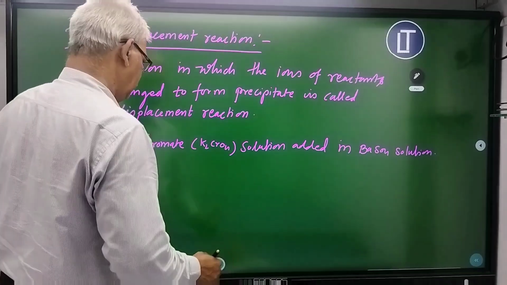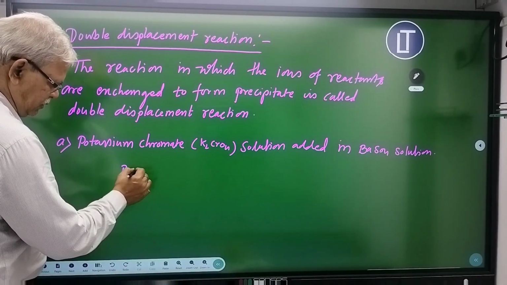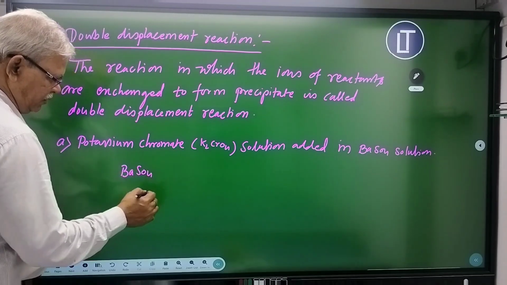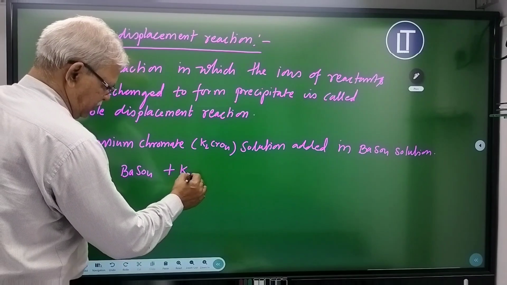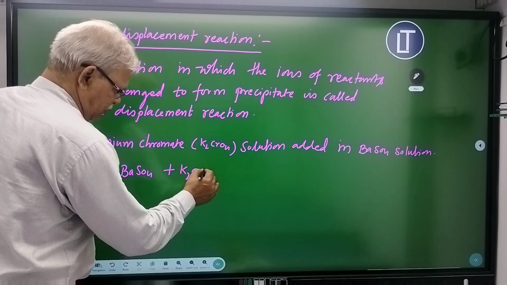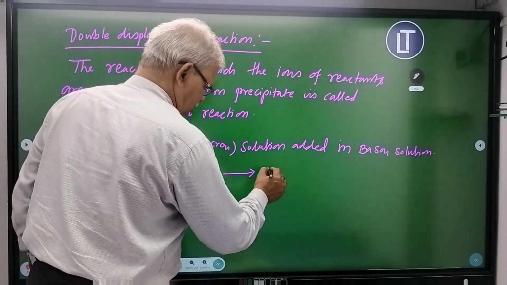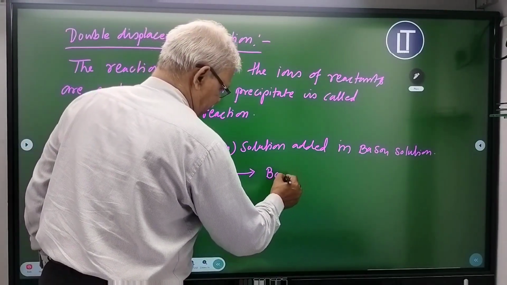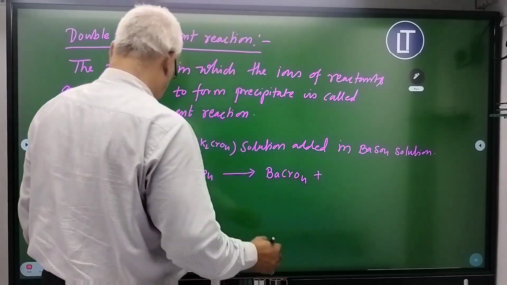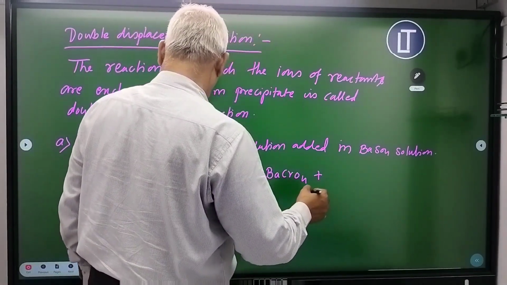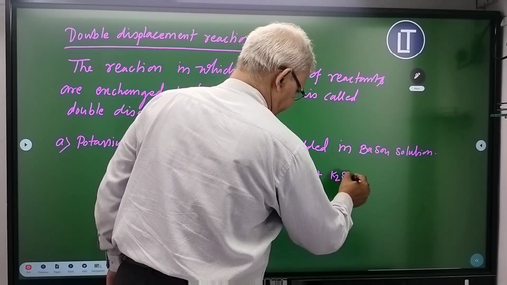Okay. Therefore, here barium sulfate combined with potassium chromate forming barium chromate and potassium sulfate.